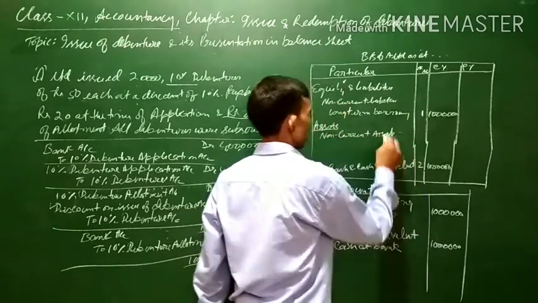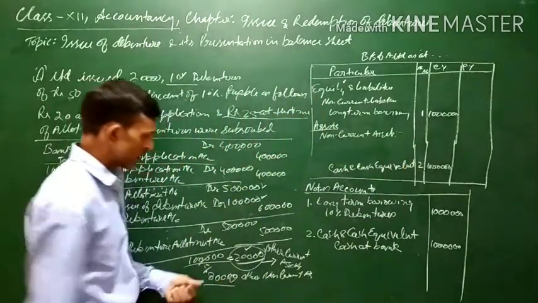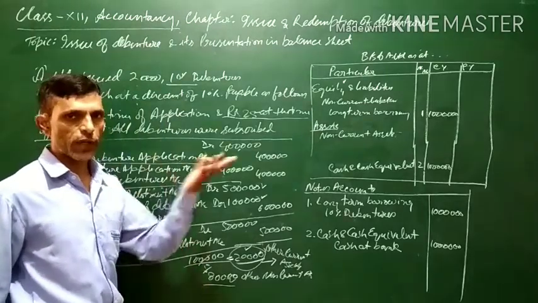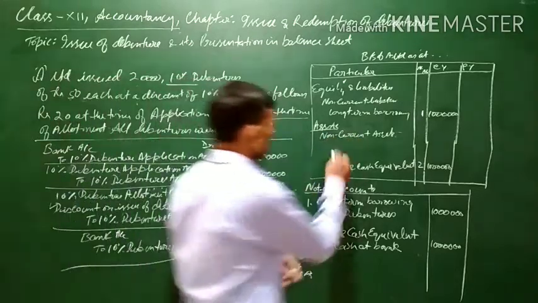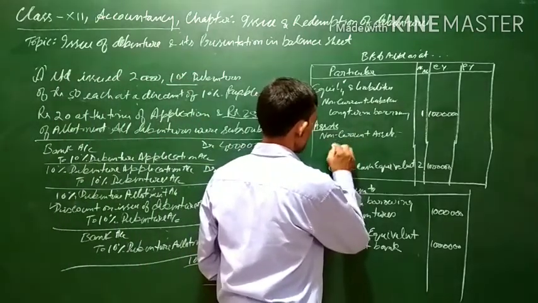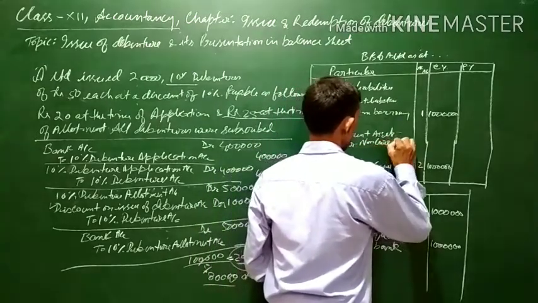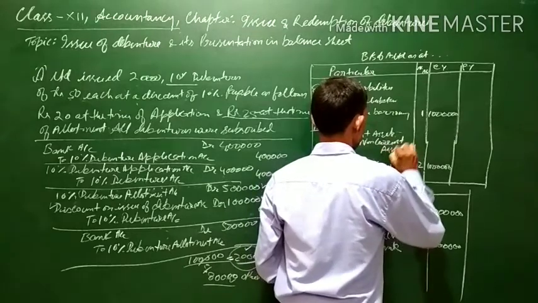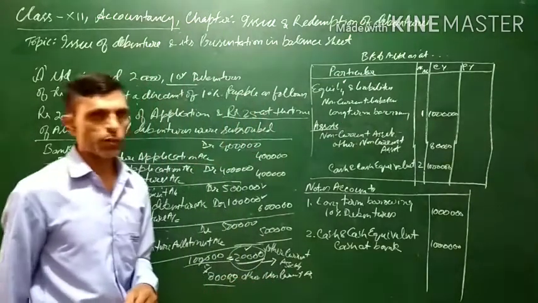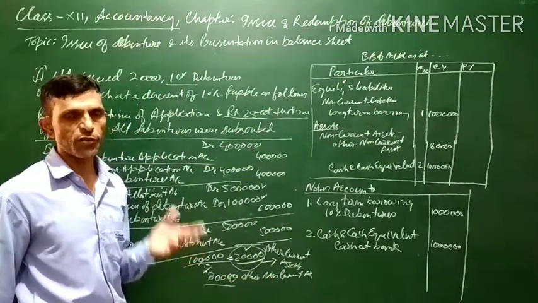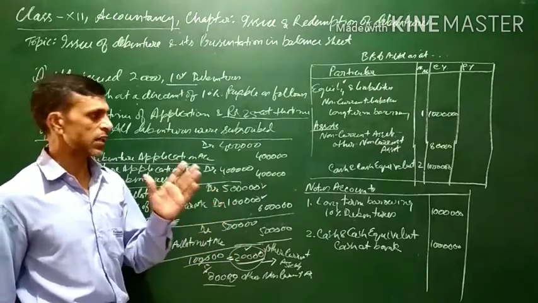Just now I have told you that the 80,000 which will be written off after 1 year will be treated as other non-current assets. So under non-current assets, other non-current assets, 80,000 will be written. And the part of the discount on debenture which will be written off in the next 12 months will be treated as other current assets.